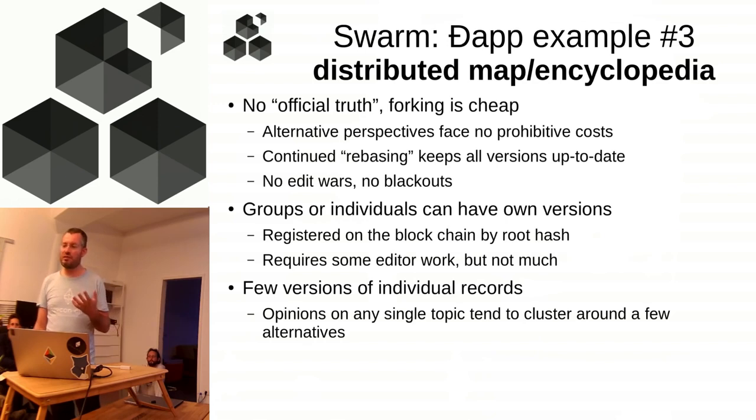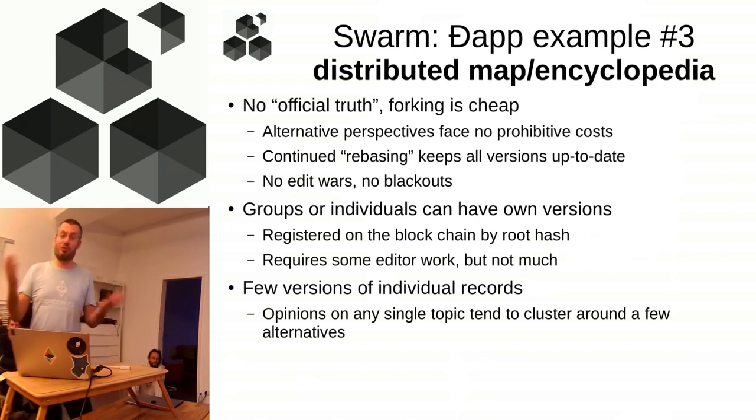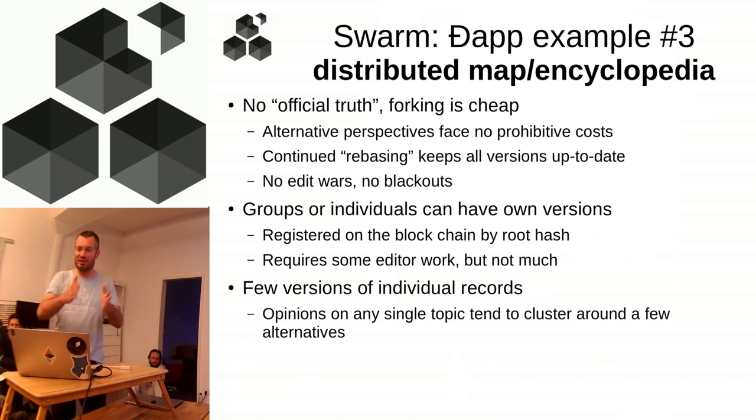So with these kinds of databases, you can compare the different perspectives that exist on a given topic, and hopefully there aren't too many, because that's usually the case. And also you can publish your version. This is how I think.